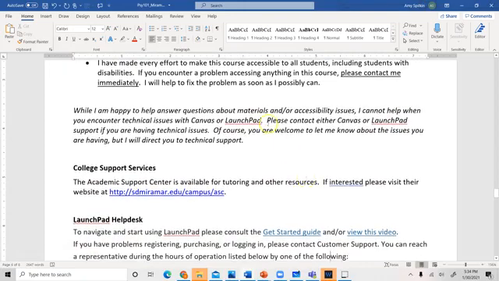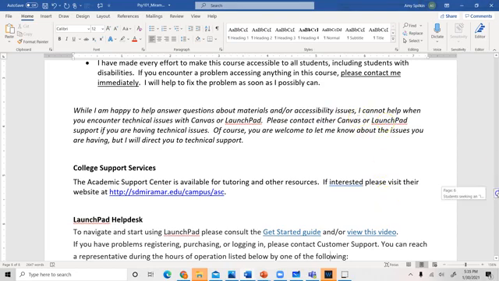And while I'm happy to answer questions about the material in the class or accessibility issues, I can't help if you have technical problems. Like if you forget your Canvas password, I can't help you with that. Or if Launchpad is glitching on your computer, I really can't help you with that either. So I'll need you to contact Canvas support or Launchpad support.